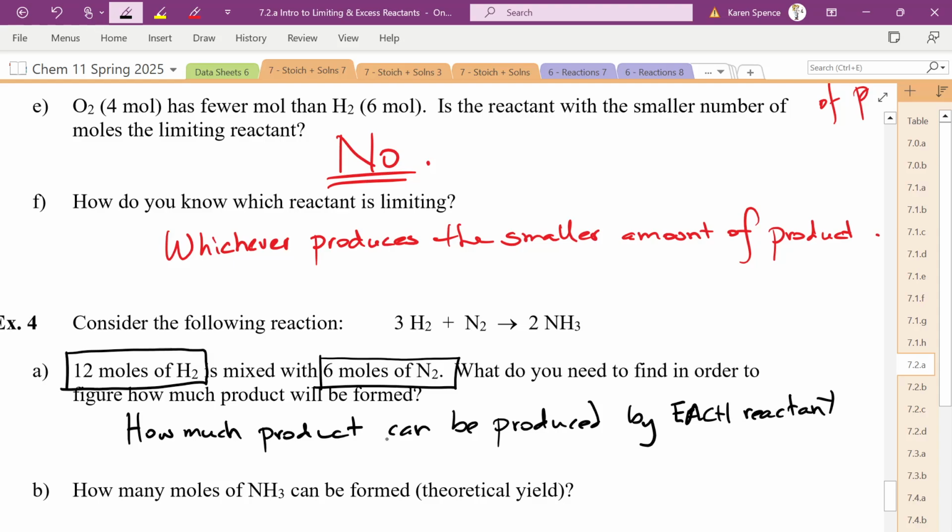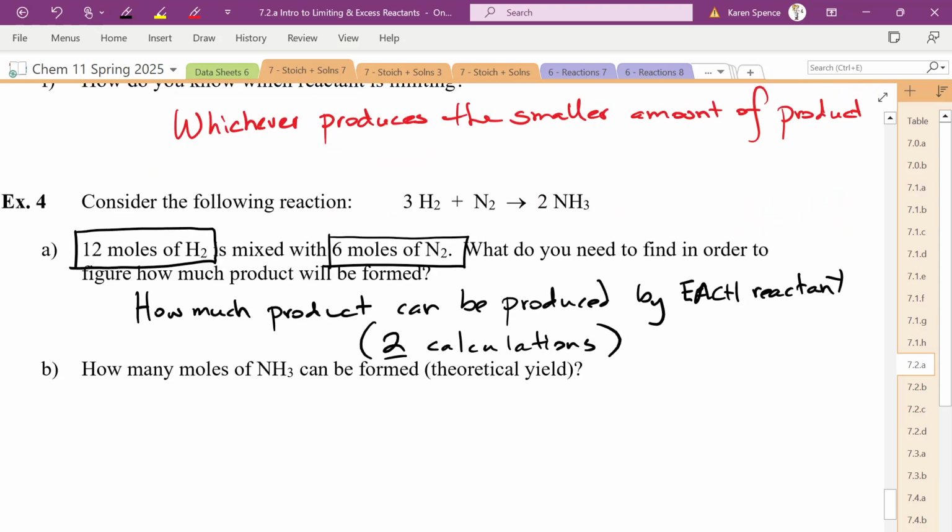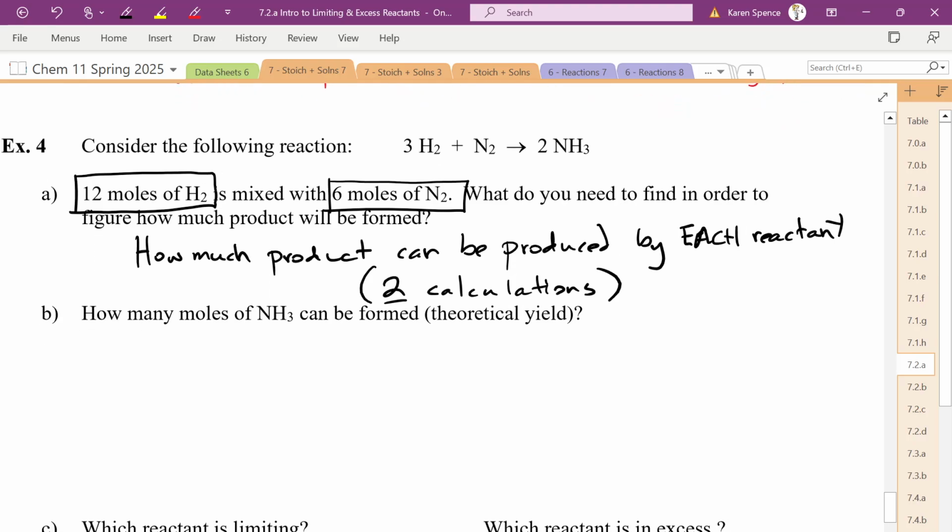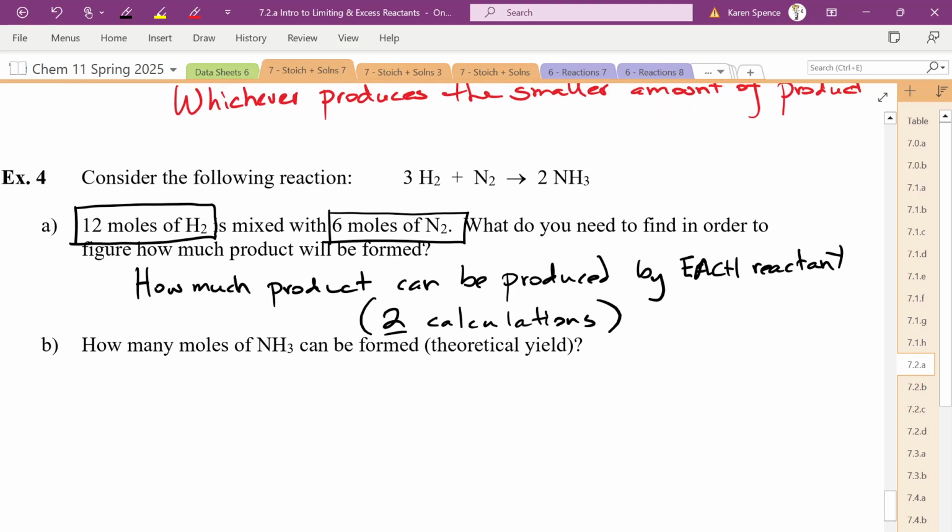That is 2 calculations. Do you guys think you could do those 2 calculations in the space provided in B? So you're going to do the 2 calculations down here.